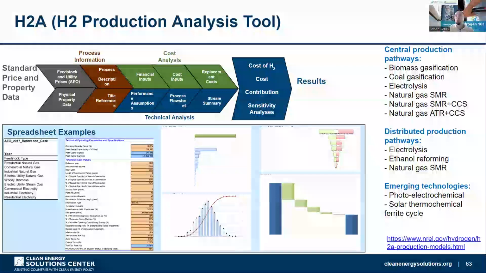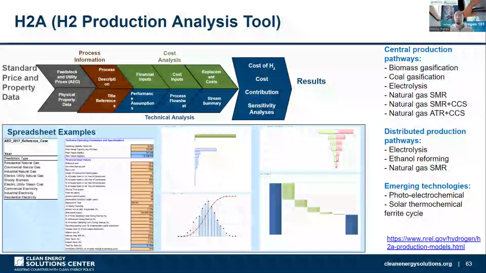We also have a few smaller scale distributed production pathways that we keep track of. One of them is electrolysis. Another one is natural gas reforming on site. Those are mostly tailored for smaller applications that are far from delivery routes for centrally produced, cheaper hydrogen molecules.